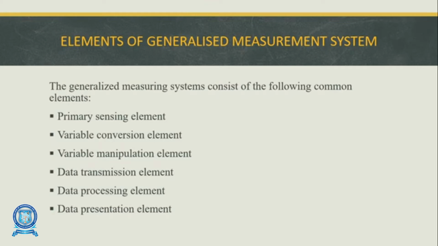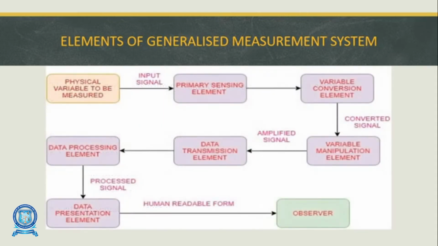The second one is variable conversion element, then variable manipulation element, data transmission element, data processing element, and data presentation element. Once again I am telling: primary sensing element, variable conversion element, variable manipulation element, data transmission element, data processing element, and data presentation element.